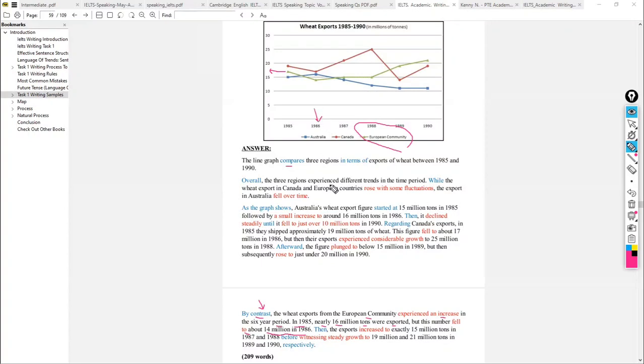Then the exports increased to exactly 15 million tons in 1987 and 1988, before witnessing a steady growth to 19 million and 21 million tons in 1989 and 1990, respectively.